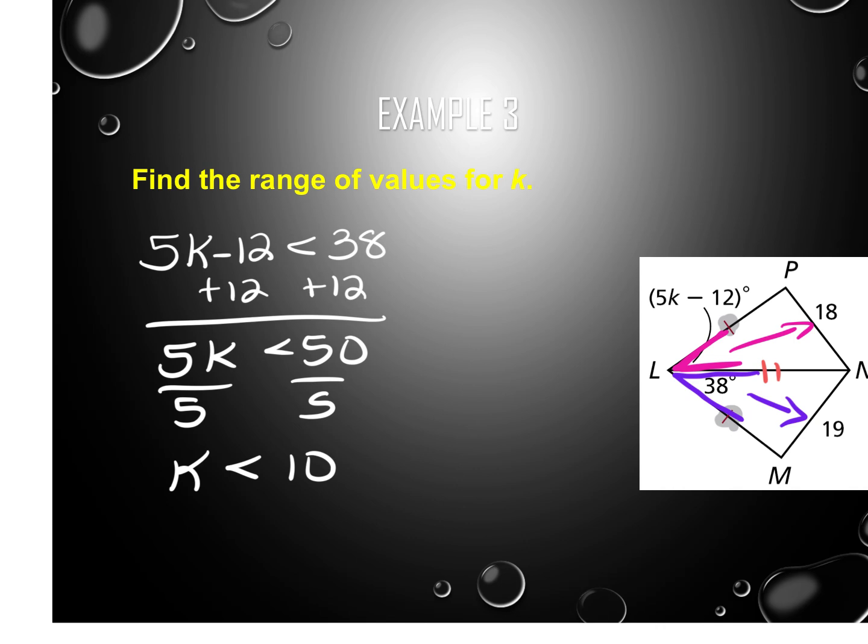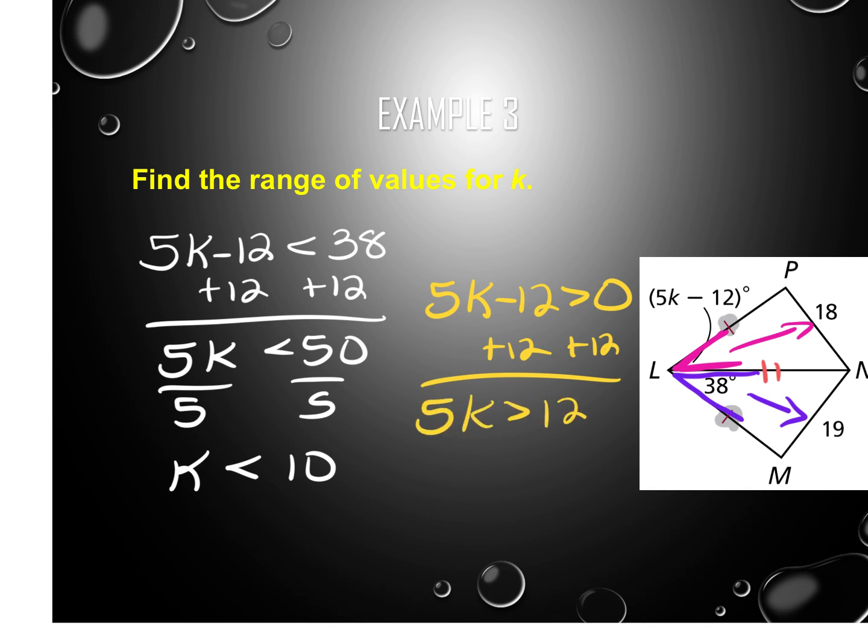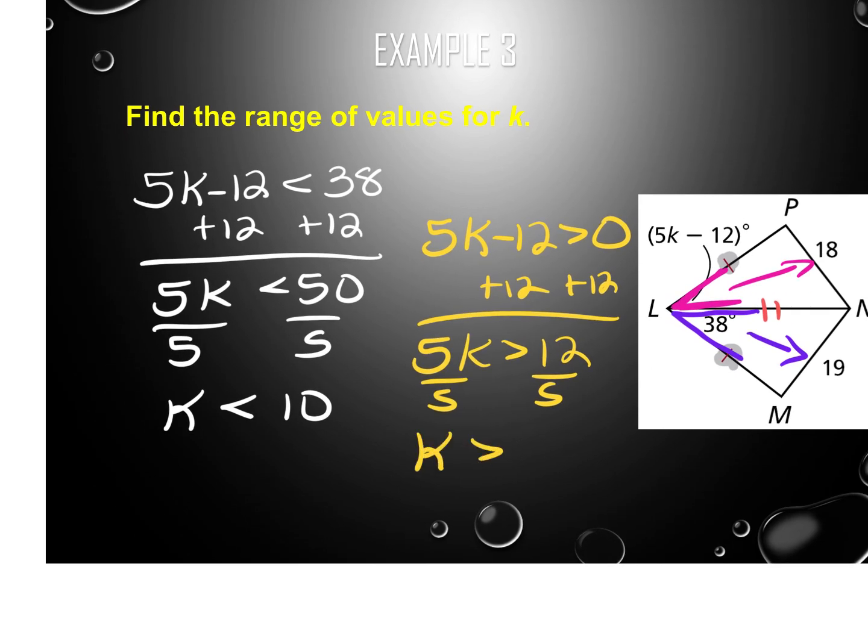I need to look at the bottom end of the range because 5k minus 12 also has to be greater than 0. Because that angle measure, 5k minus 12, is going to be an angle measure between 0 degrees and 38 degrees. So I'm going to add 12. 5k greater than 12, divide by 5, and k has to be greater than 12 over 5.